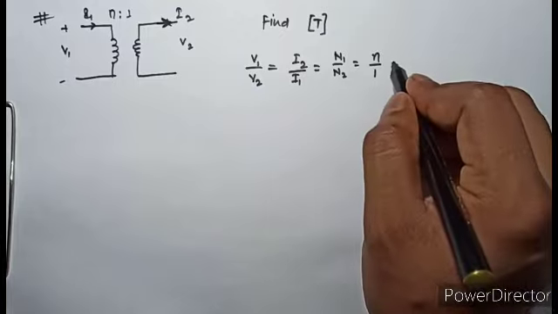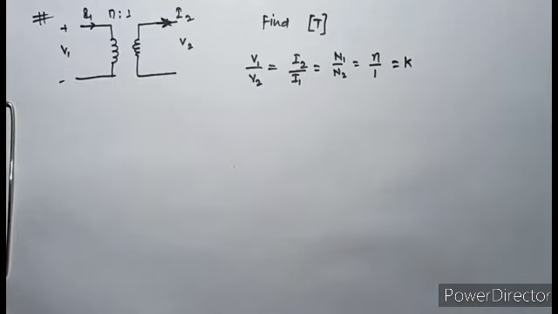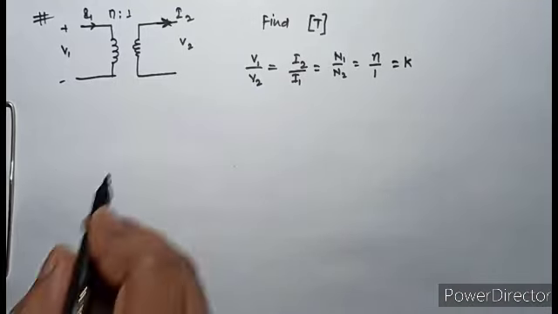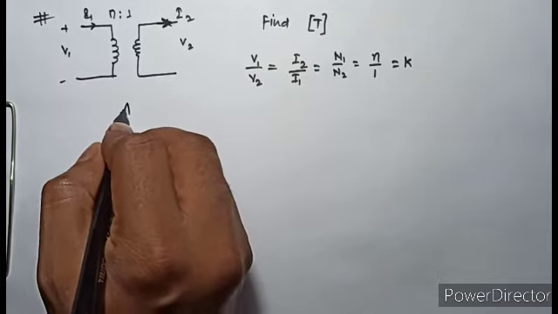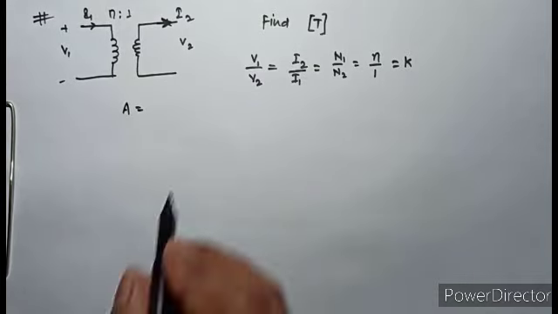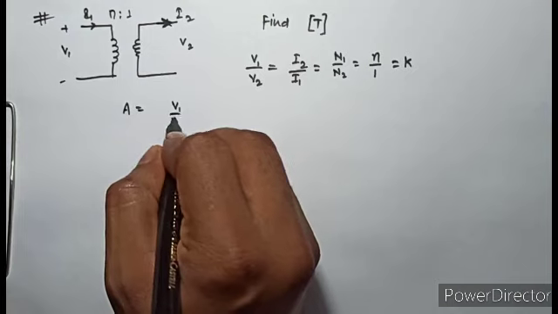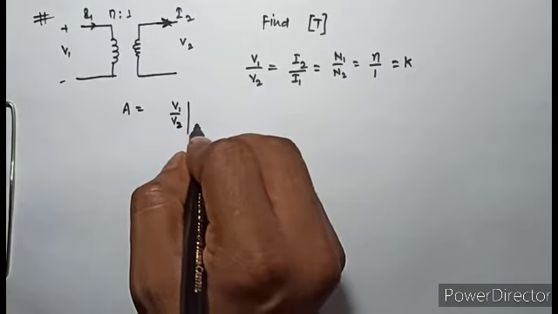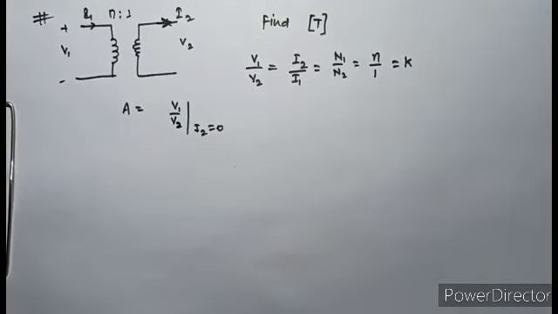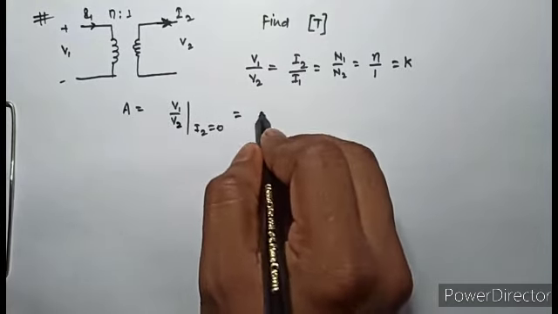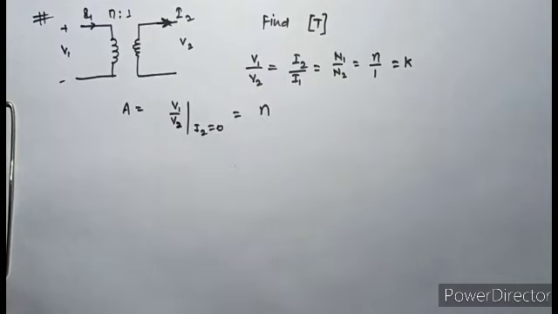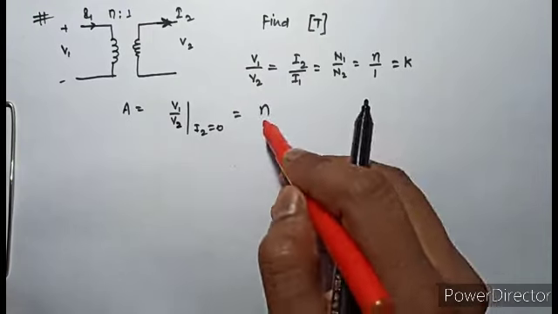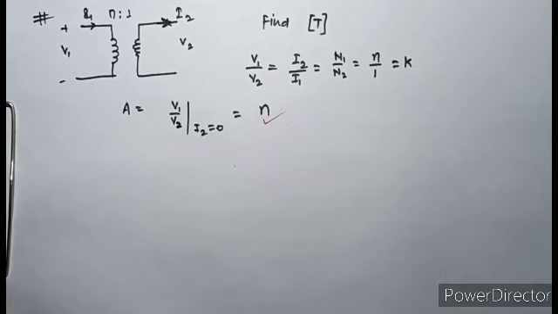So our first parameter A is V1 by V2 when I2 is 0, and V1 by V2 is nothing but n. So this is our first parameter A.